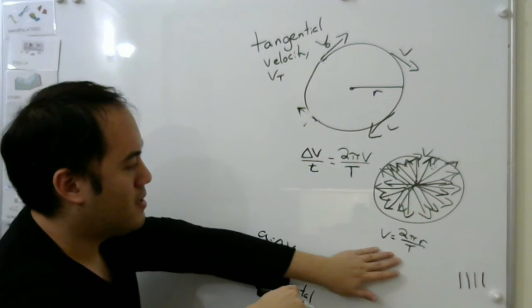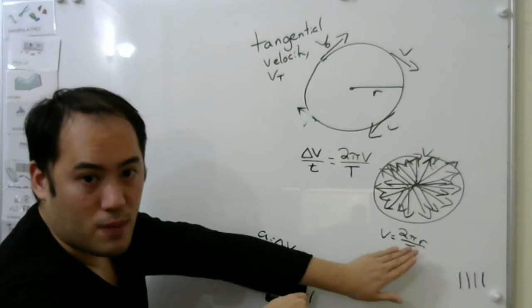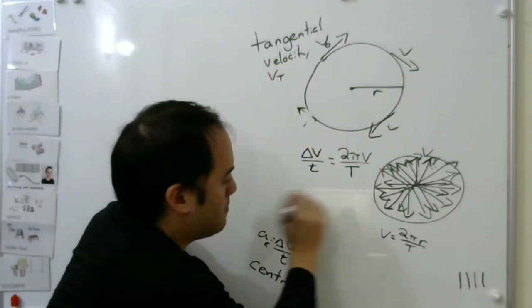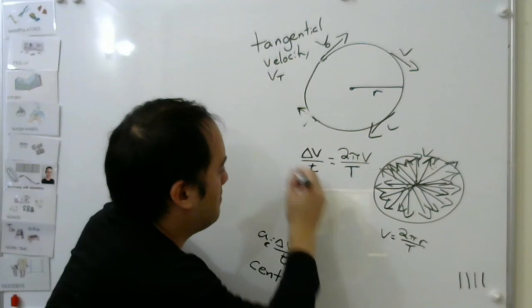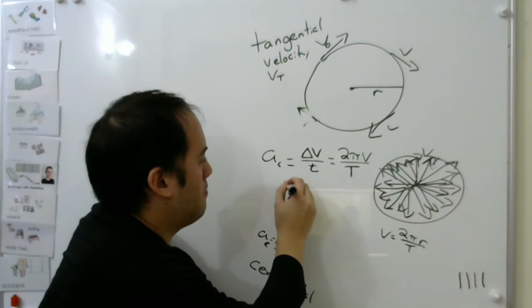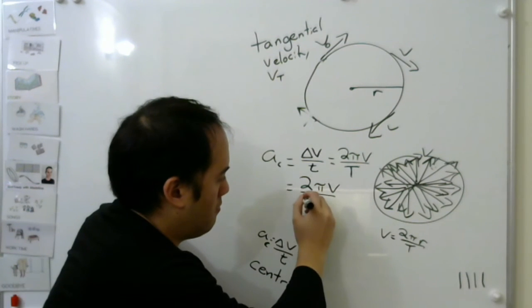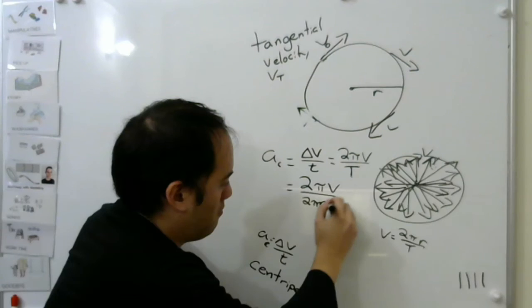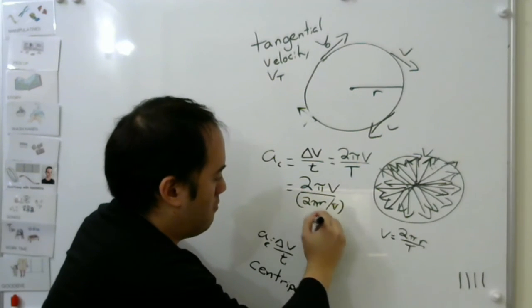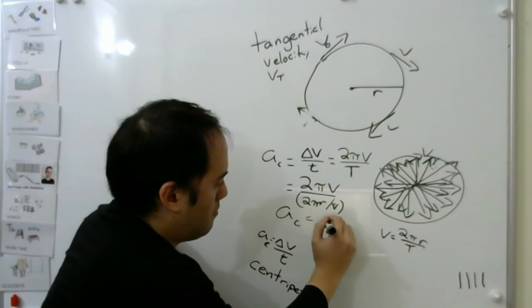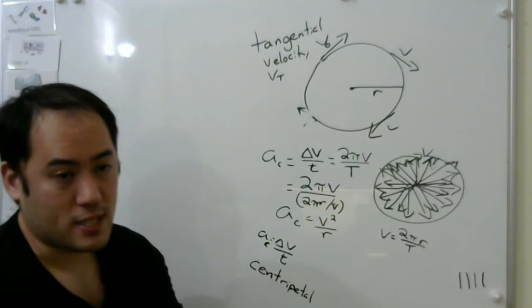If v equals 2 pi r over t, that means t is 2 pi r over v. That's the form for centripetal acceleration.